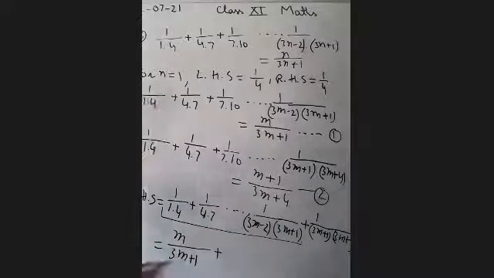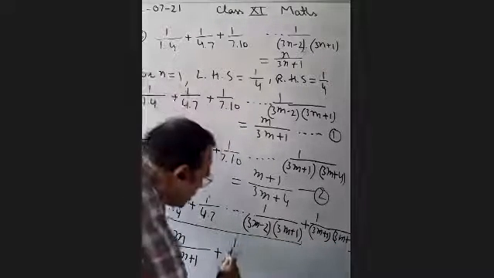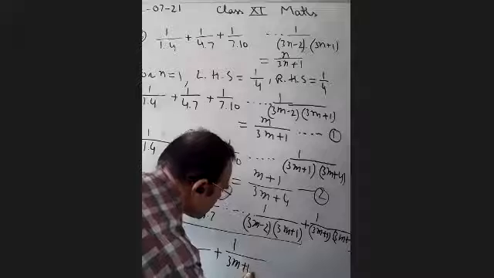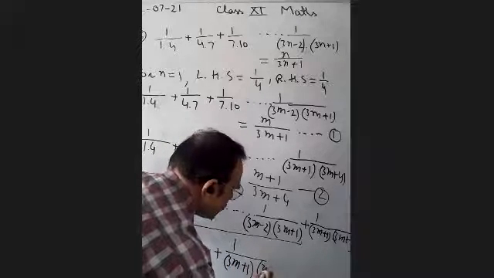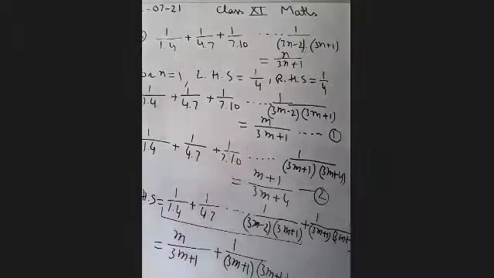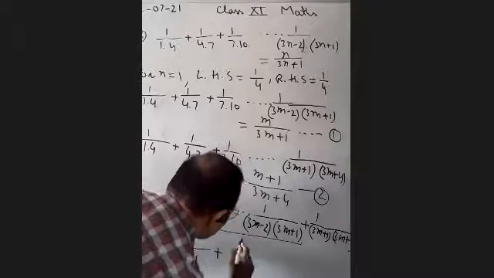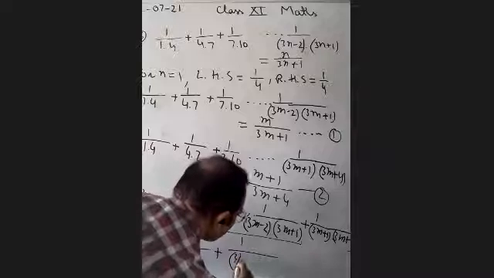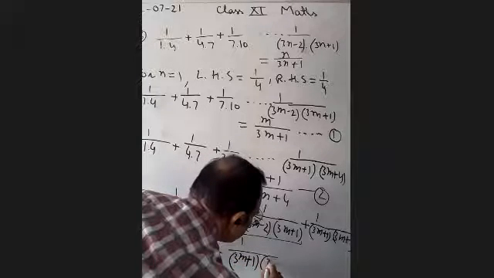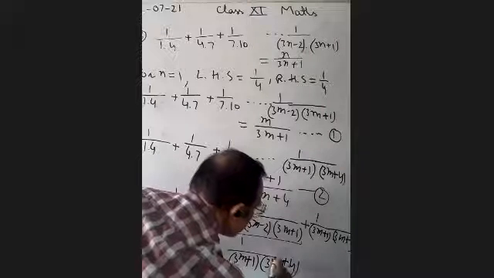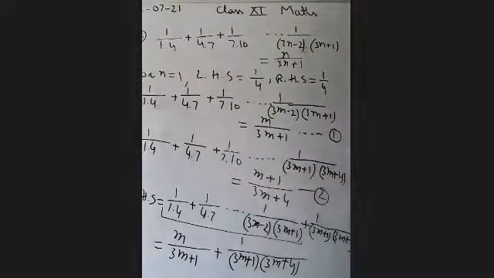plus this term we are writing as it is, 1 upon 3m plus 1 or 3m plus 4. ठीक है, now we can take, we have to simplify this relation. 1 upon 3m plus 1 or 3m plus 4. ठीक है, now we have to simplify using, now we are taking, we can take the LCM 3m plus 1 or 3m plus 4.